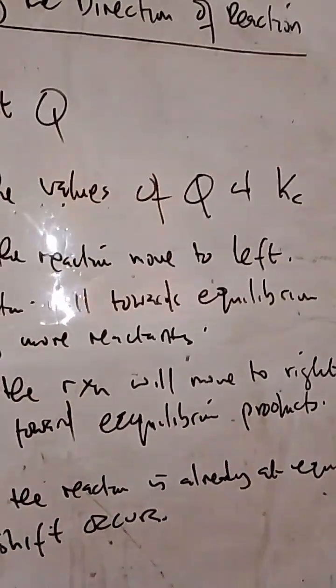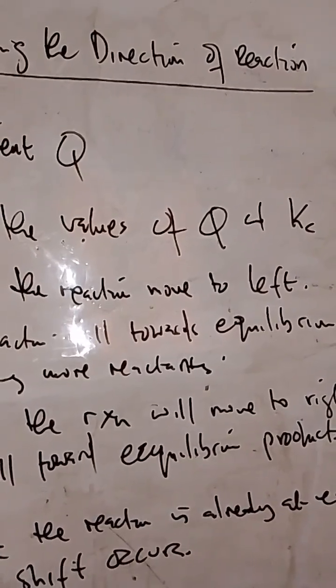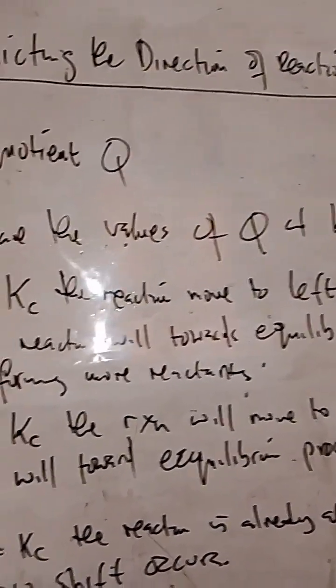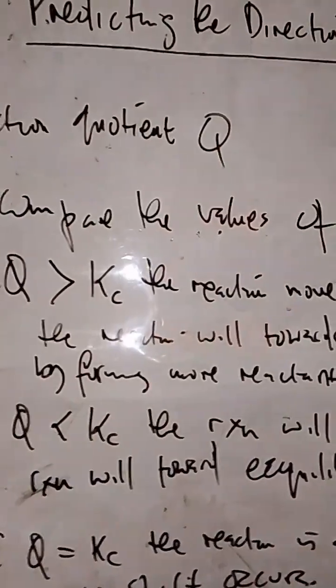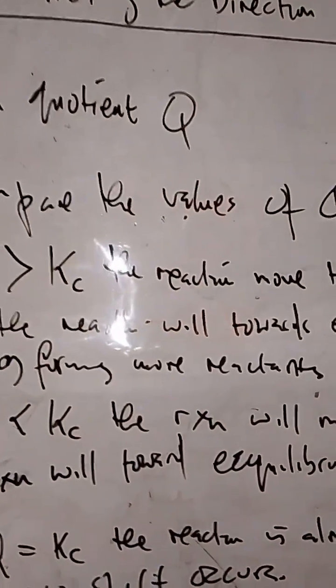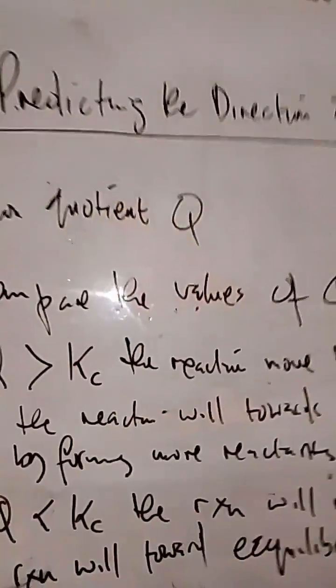Then what we just need to do is to calculate Q, that is the reaction quotient, using the initial concentrations of reactants and the products. So let's have an example, to see in which direction a certain reaction may move.